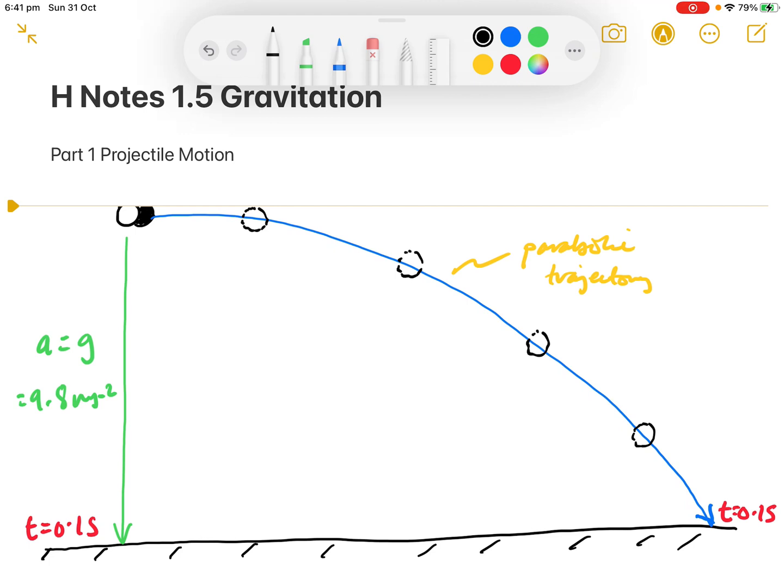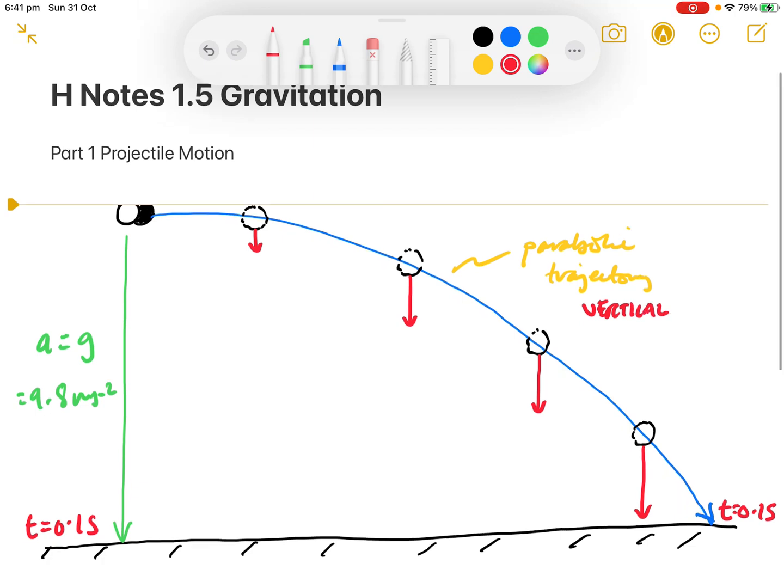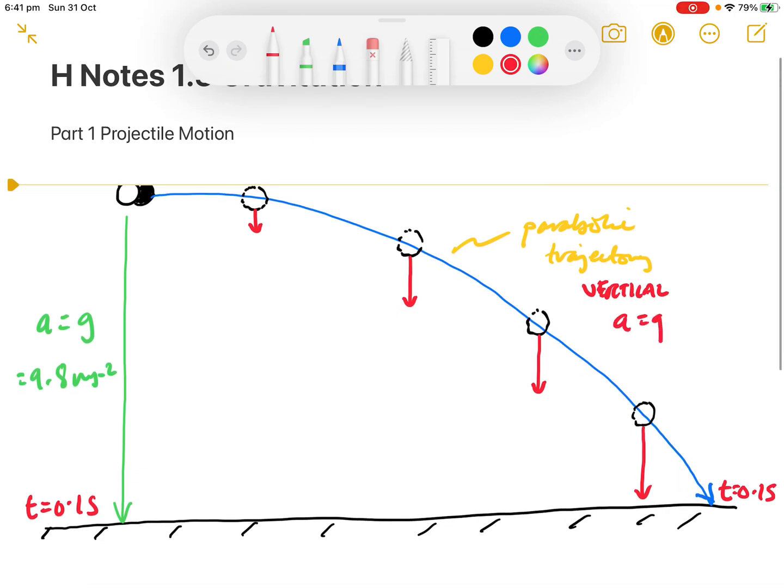Well, in the vertical, the black ball bearing is falling under gravity, and its velocity gradually increases at 9.8 meters per second per second. So the acceleration in the vertical here is an acceleration which is g, which is 9.8.